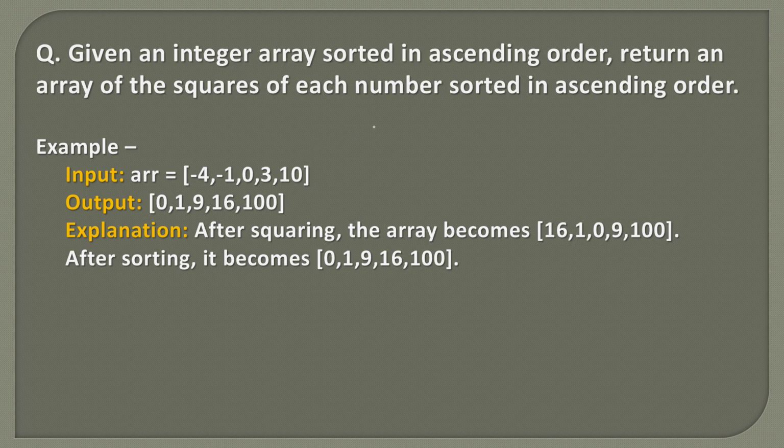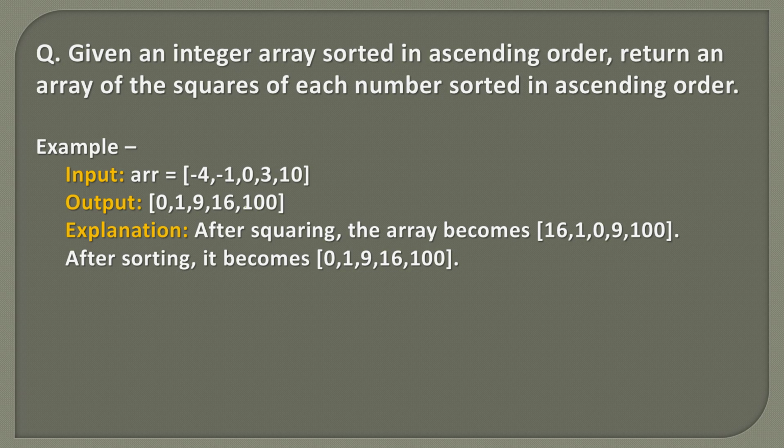Now what we need to do is return an array of integers such that we square them, and whatever is the outcome we simply return that array. So for example the output would be 0, 1, 9, 16 and 100.